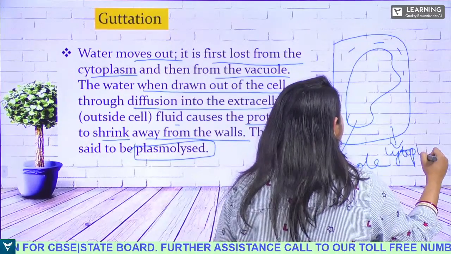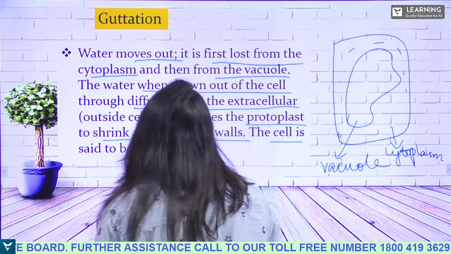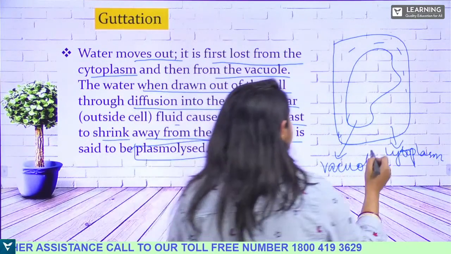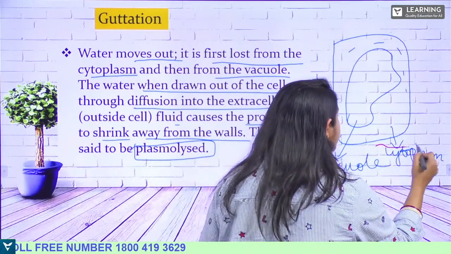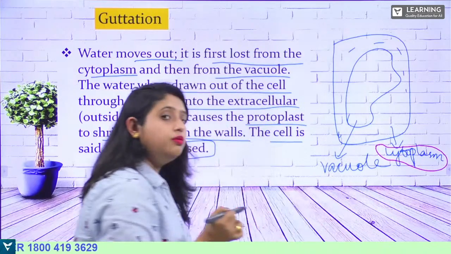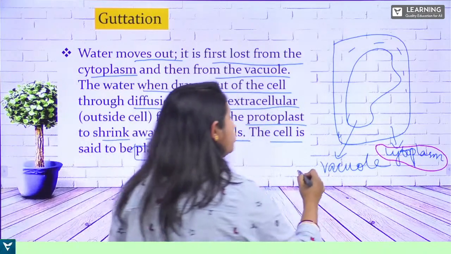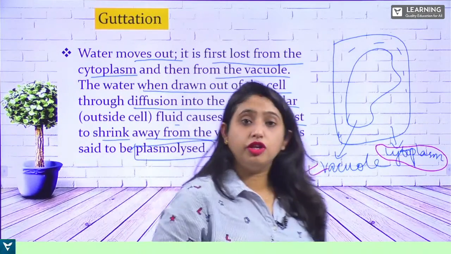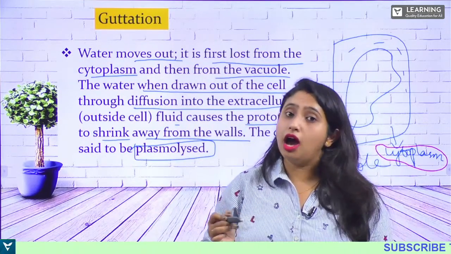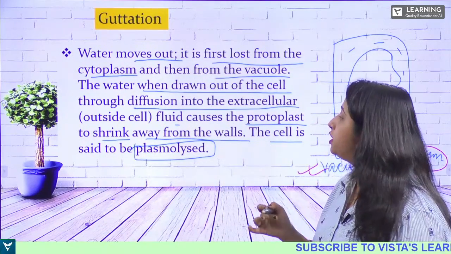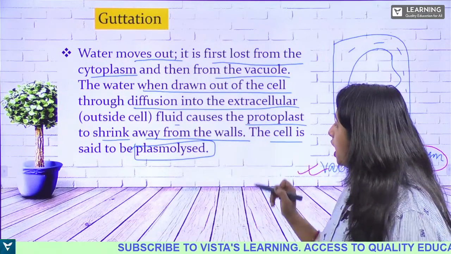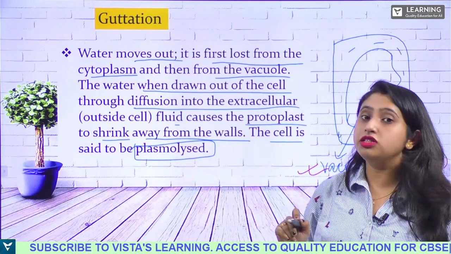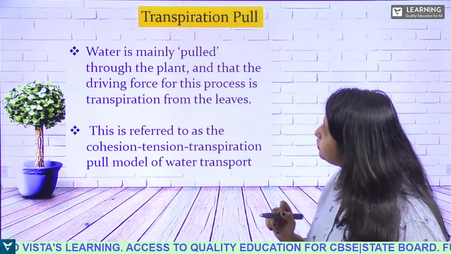Water first moves out from the cytoplasm, from here, then from the vacuole. As a result, the cell shrinks. The fluid causes the protoplast to shrink, and this cell is now said to be plasmolysed.